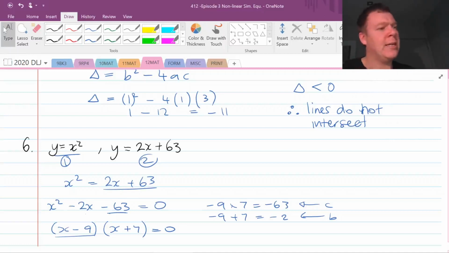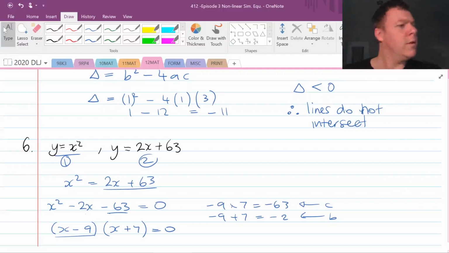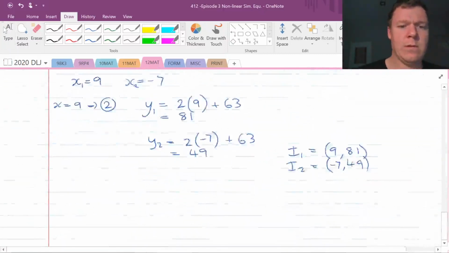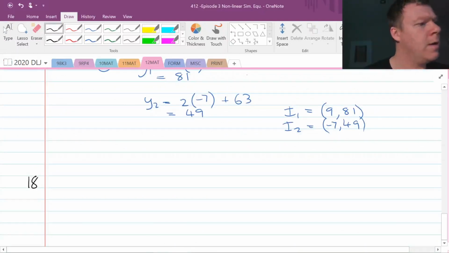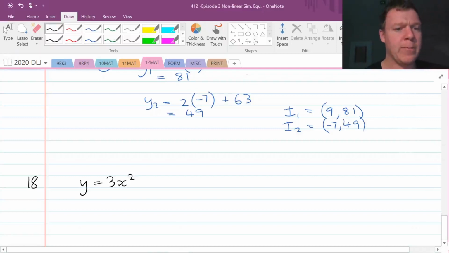So we're going to do question 18 from page 67. y equals 3x squared and, that's a complicated one, we've got 14x minus y minus 8 equals 0.